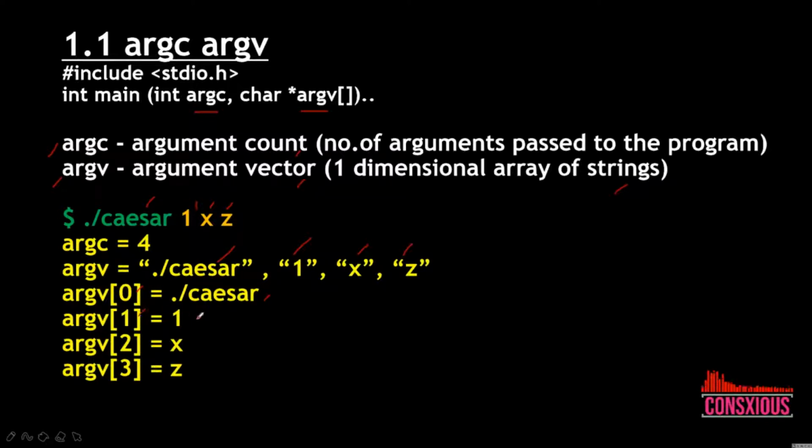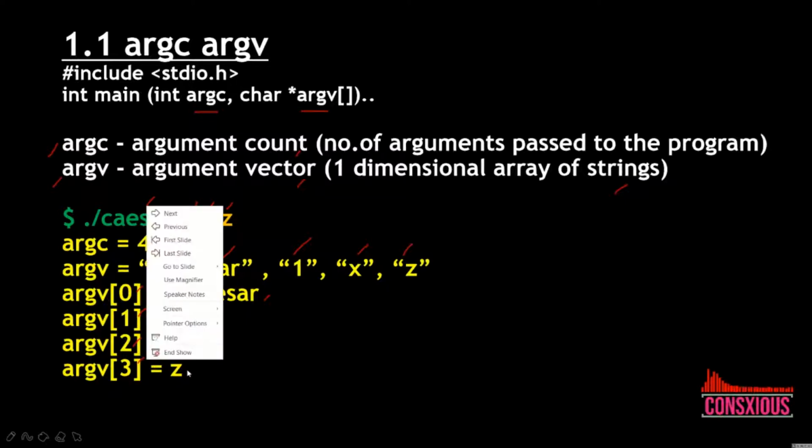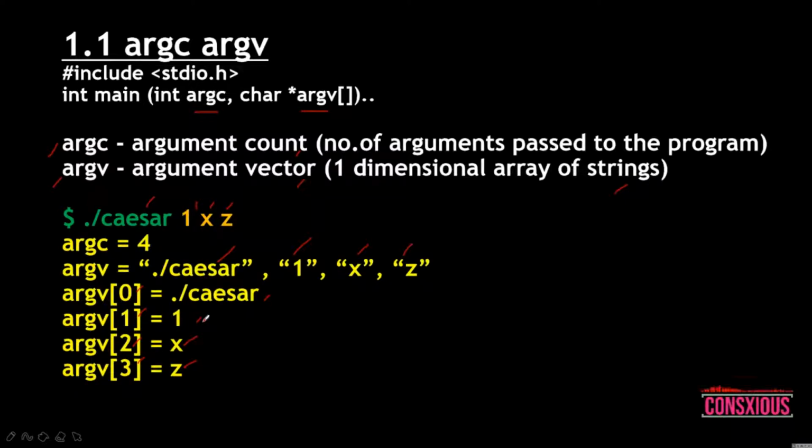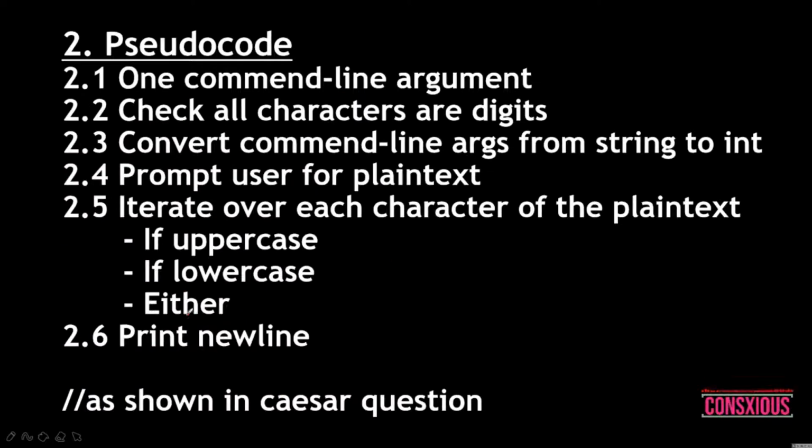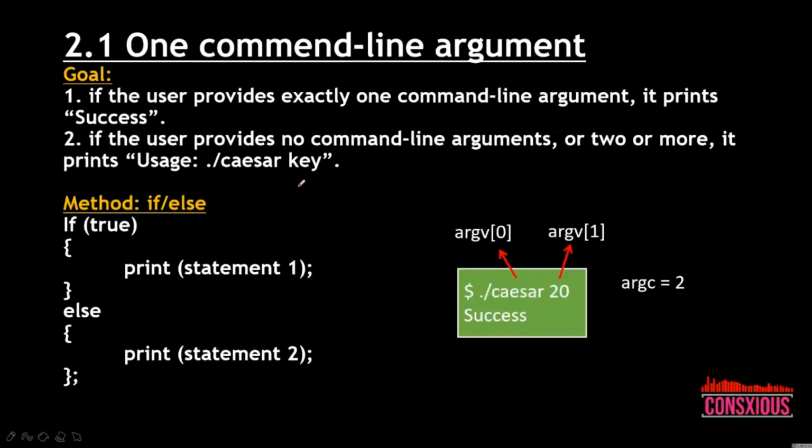Index 1 will be 1, index 2 will be x, index 3 will be z. We can notice that the index starts from 0, as is usual in programming. The second part, we'll go through the pseudocodes. We'll go through them one by one in the later slides.